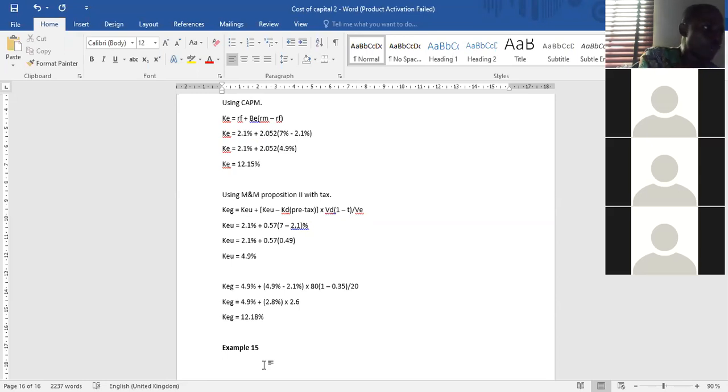That's Kilimanjaro. So let's look at the requirements of the question. You are required to: A, estimate what discount rate Kilimanjaro should use in the appraisal of its proposed diversification into the production of freezers. B, corporate debt is often assumed to be risk-free.